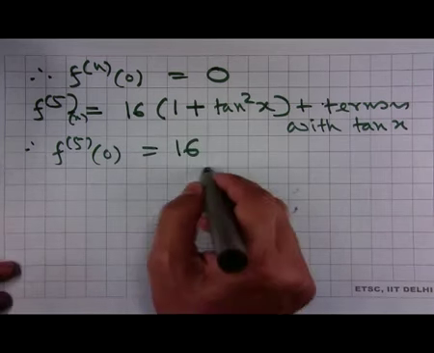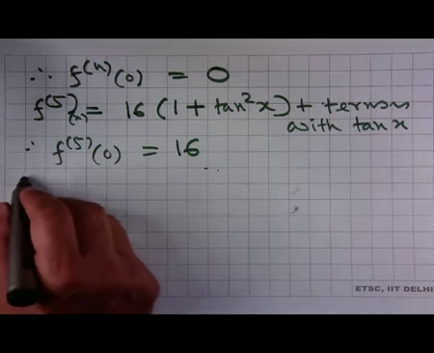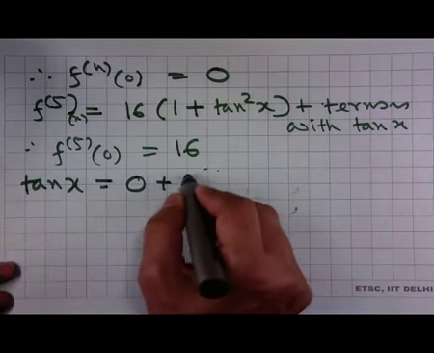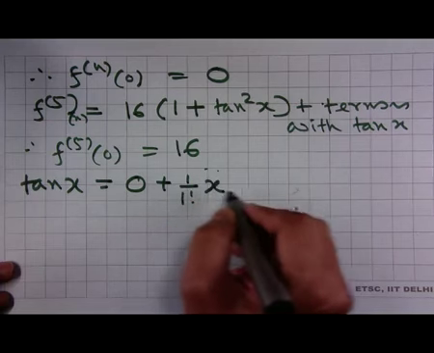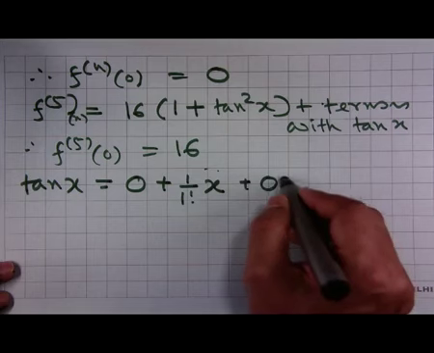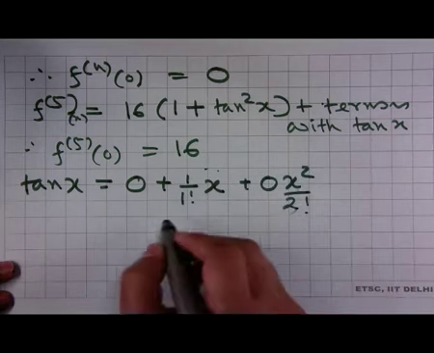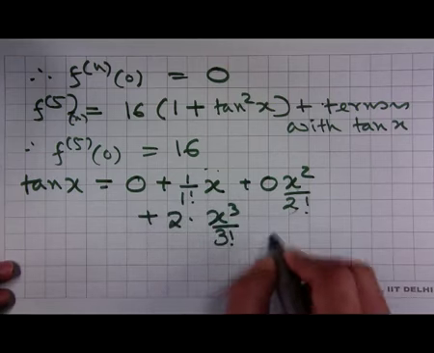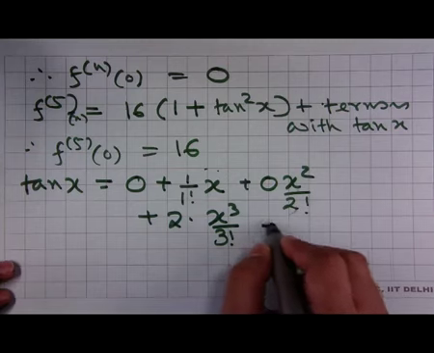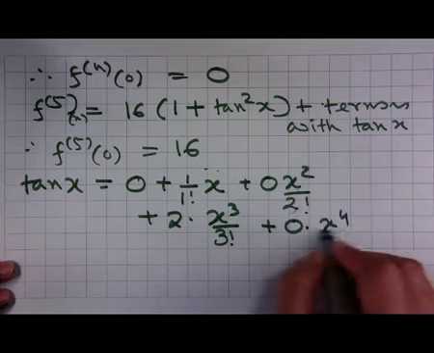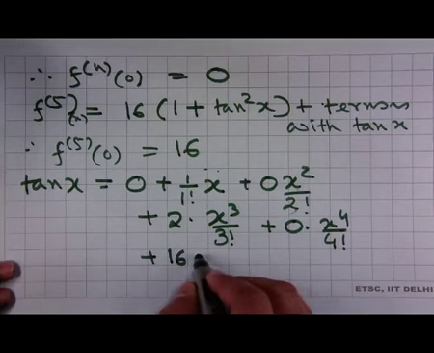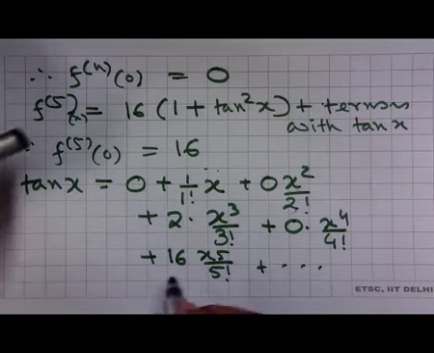Therefore, by expanding up to this point, we can get that tan x is equal to 0 plus 1 upon 1 factorial x plus 0 times x square upon factorial 2 plus 2 times x cube upon factorial 3 plus 0 times x to the power 4 upon factorial 4 plus 16 times x to the power 5 upon factorial 5 plus higher powers of x.